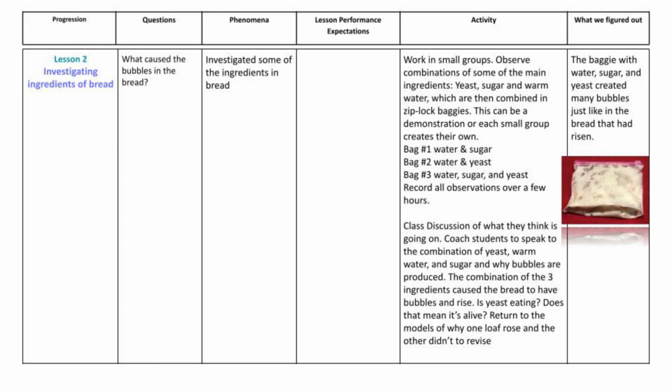After a couple of hours, and the kids have recorded their notes on what's going on in all three of those baggies, we're going to have a discussion. We want to get them to begin to discuss the fact that yeast is an organism that is alive and eating and creating a gas from the process of digestion.